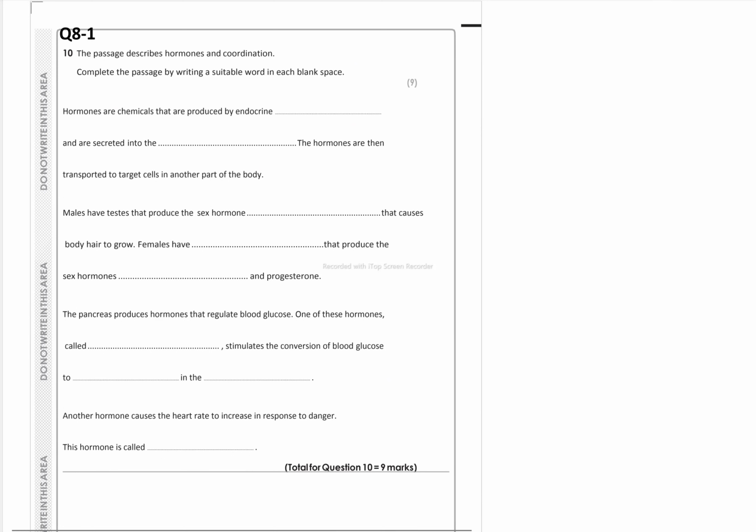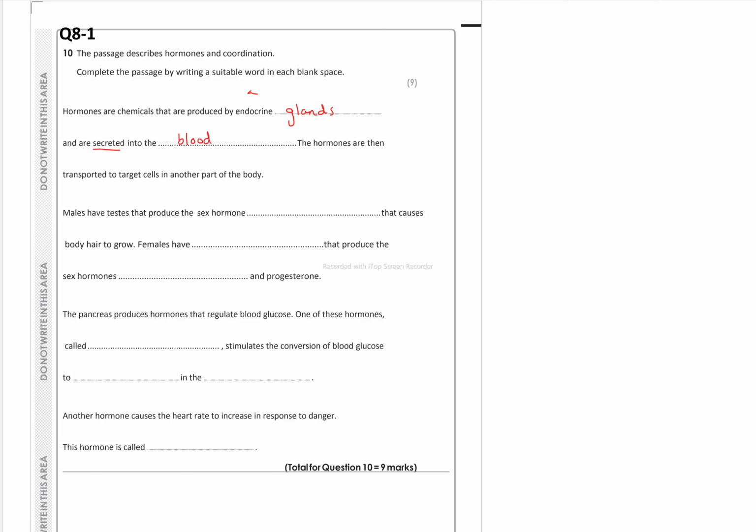Right, so what we're doing is we are looking at, let's use red. Hormones are chemicals that are produced by endocrine glands and are secreted into the bloodstream.